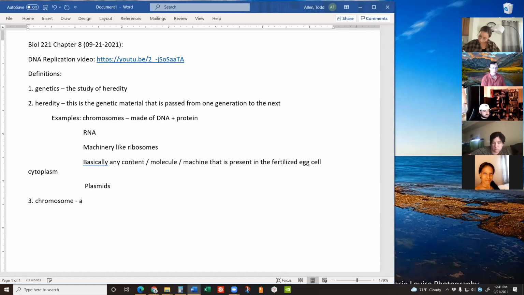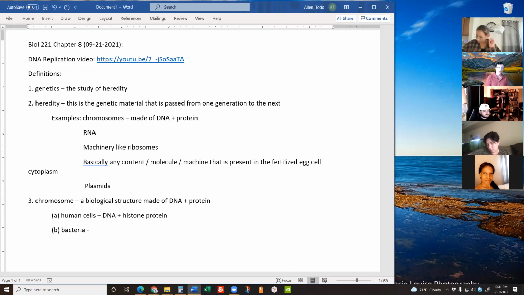All right, well, chromosome. Chromosome, again, is a biological structure made of DNA plus protein, right? We know in animal cells, I'll just say human cells, that's going to be DNA plus histone protein. But as we've been learning for bacteria, which are prokaryotic, that's going to be DNA plus non-histone protein.